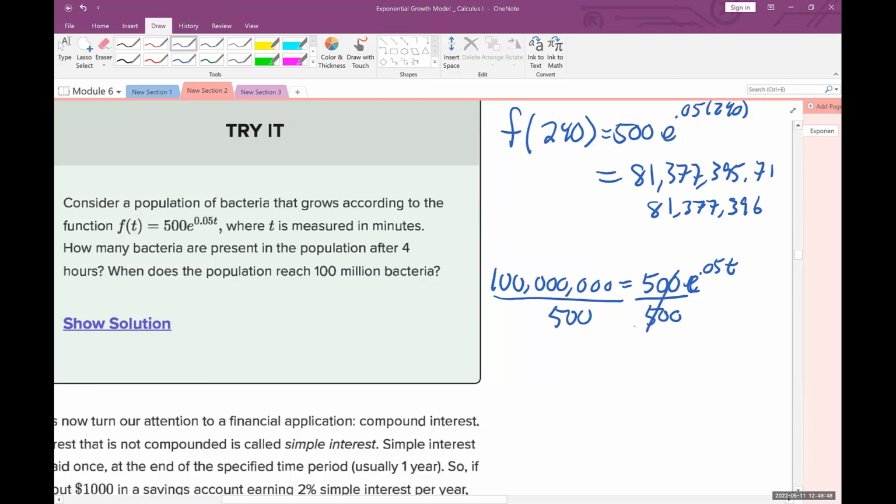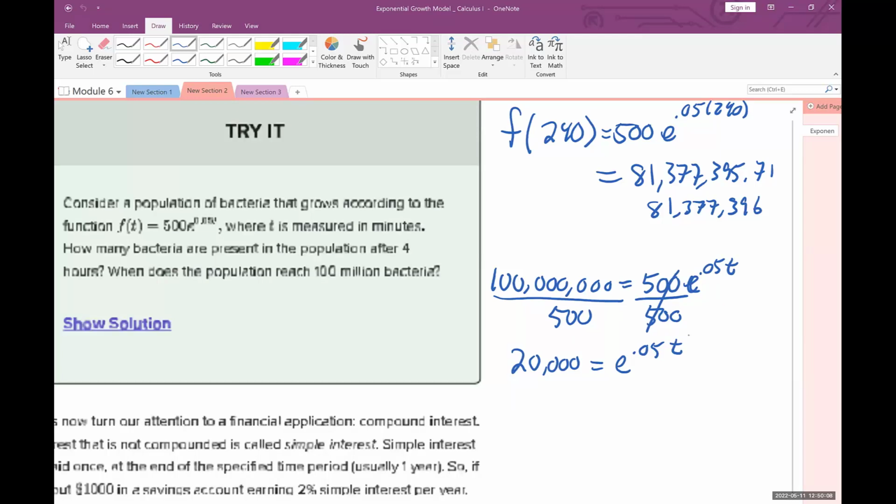So I did this, I got 20,000. e to the 0.05 t. Let me just check my math. Is it 200,000? That's what I got. Okay, so I'm off by a 0.